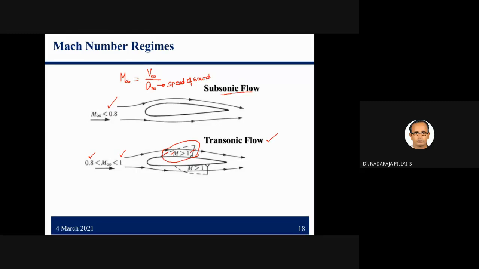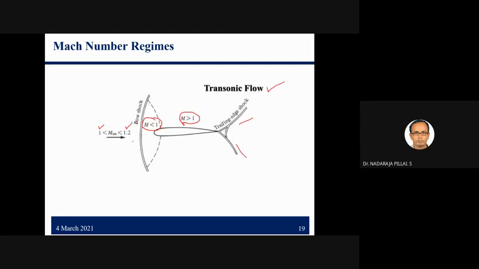But what is the difference between these two? In this transonic flow the flow is still subsonic overall. You are right, there is no bow shock. A bow shock only forms when there is a supersonic flow.